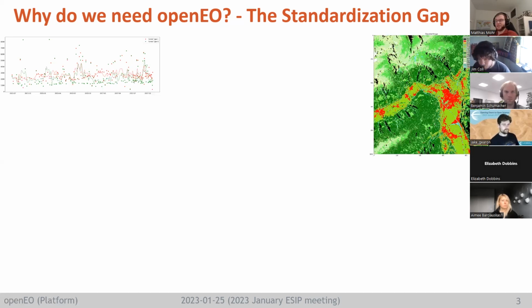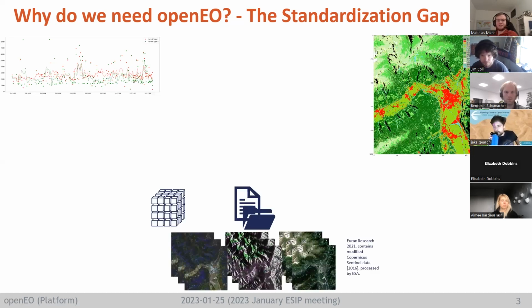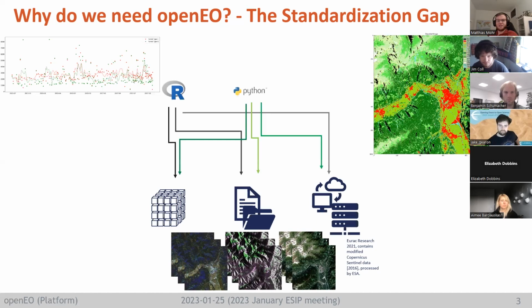So the idea is basically, let's make a specification that combines this all and gets rid of this, where you have all the different languages and ecosystems around in R, Python, JavaScript, that all need to talk to these individual backend implementations, and make them accessible the same way, basically.